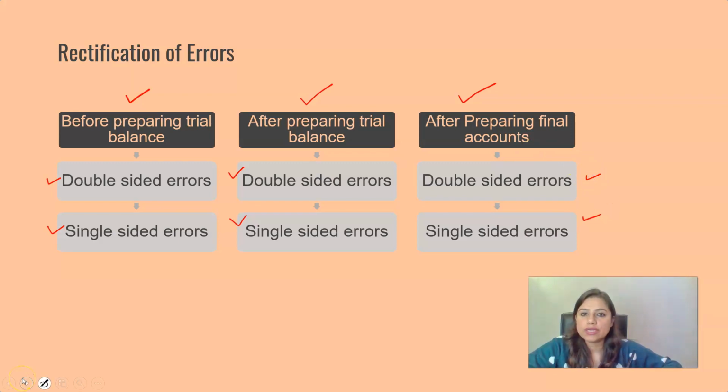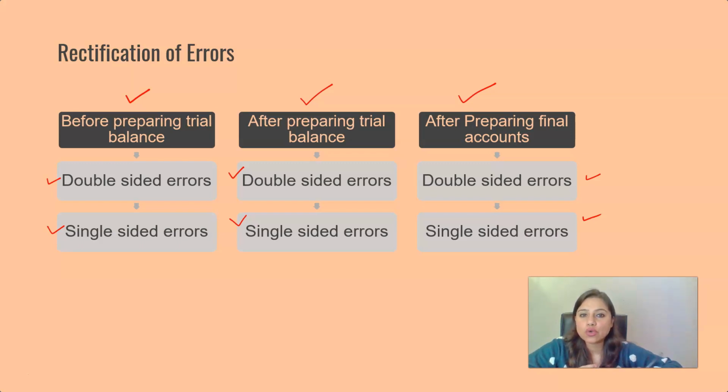So let us now take a look, one by one, at how rectification of such errors is done, once identified before preparing the trial balance, after preparing the trial balance, or after preparing the final accounts. In case of double-sided errors, the impact or the entry has been wrongly done.